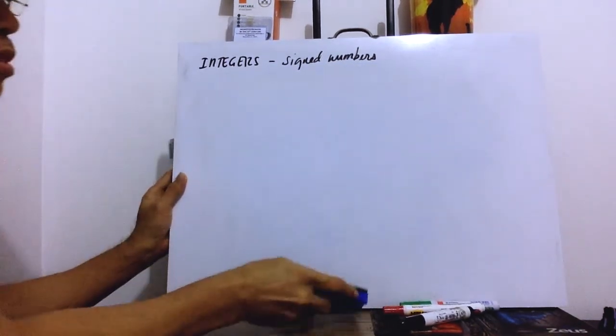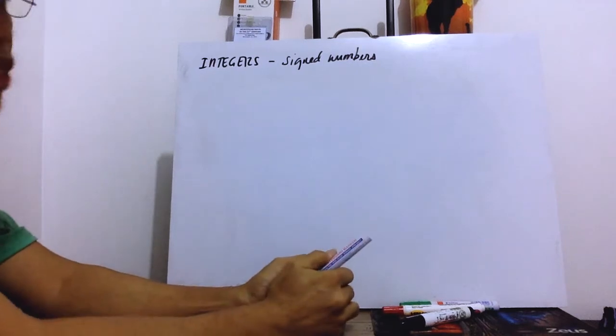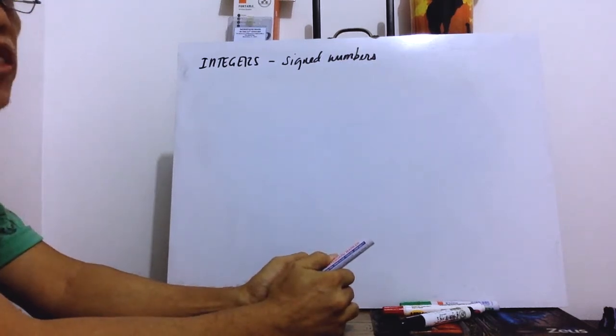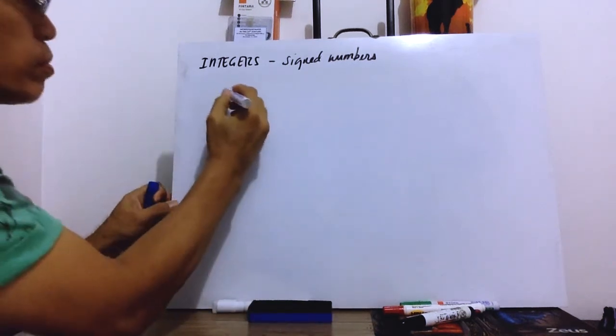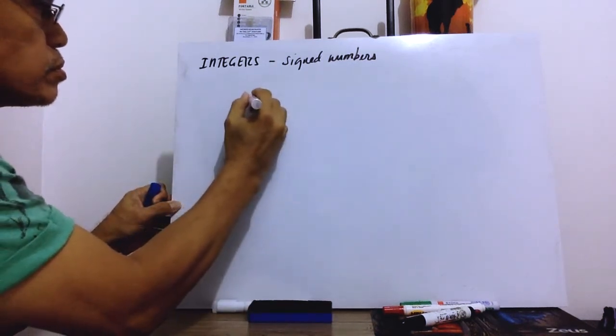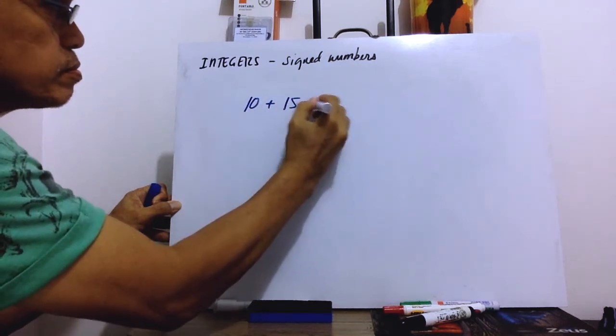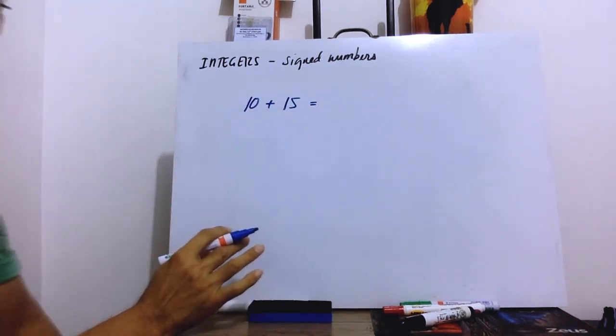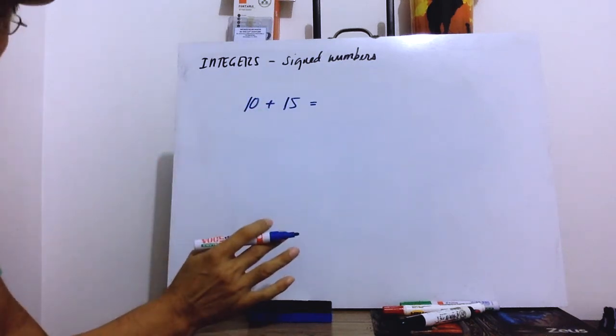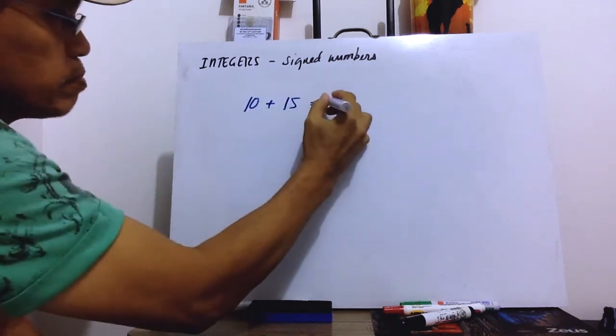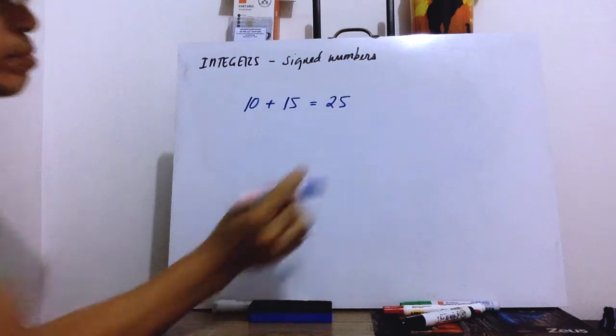Now, the easiest topic about integers is how to add them, especially positive integers. For example, 10 plus 15. It's like adding whole numbers. The answer there is 25.